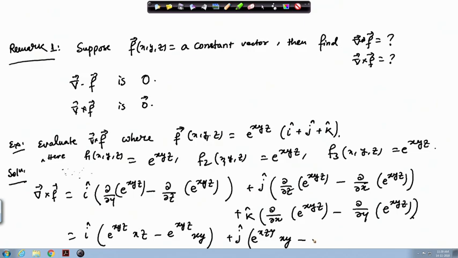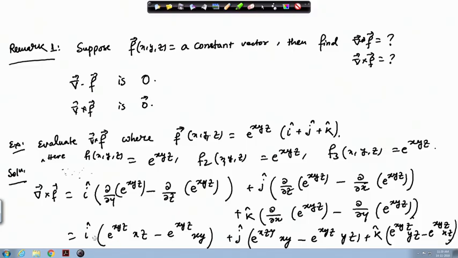So, this will be e to the power xyz times yz, plus k times e to the power xyz, this will be yz minus e to the power xyz, and this will be xz. Now we will take e to the power xyz common.